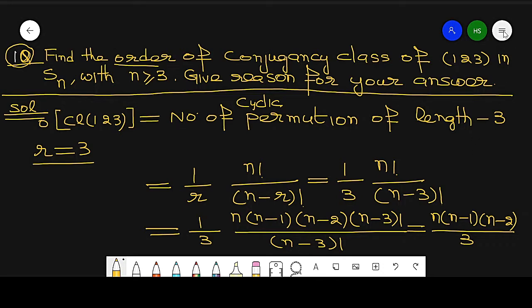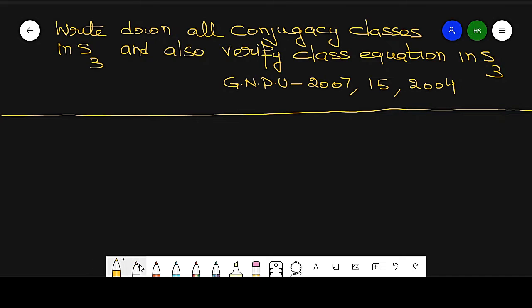Next, this question is an application of the class equation. First I want to find the conjugate classes in S3, then verify the class equation. So first part: what is S3?